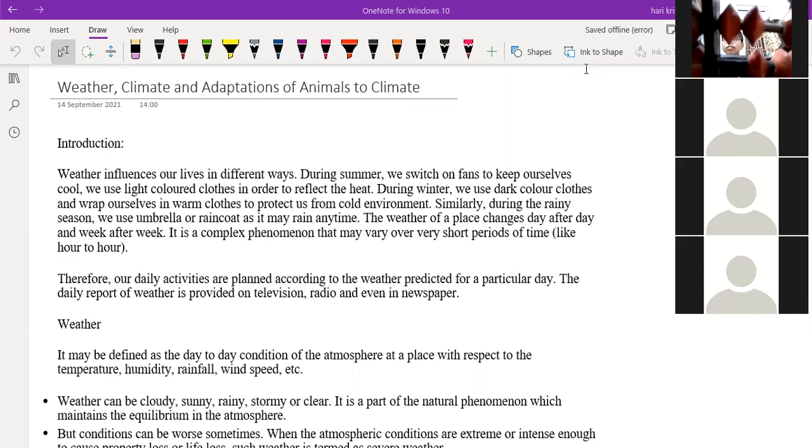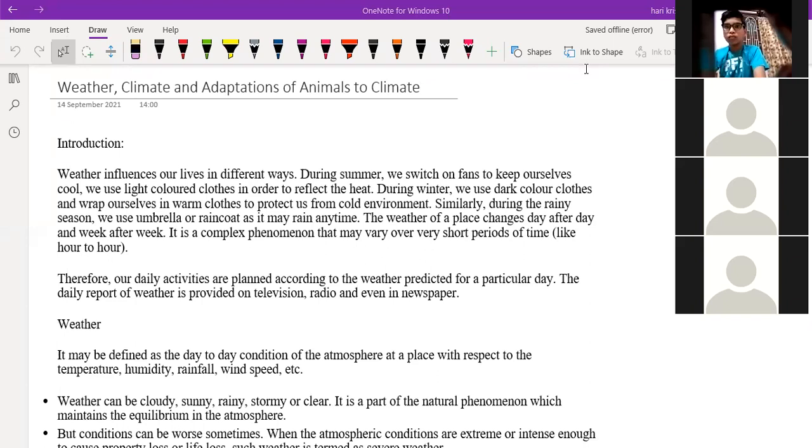So in winter, we generally use woolen clothes, sweaters, or thick clothes. Woolen clothes trap some amount of air, and air acts as a bad conductor of heat, so it will not allow the outside temperature inside or the inside temperature outside. It acts as a barrier and keeps our body warm. So we have a different lifestyle in winter also.